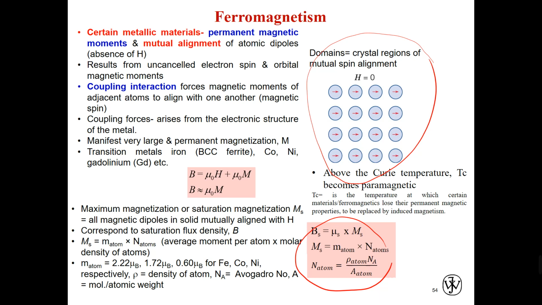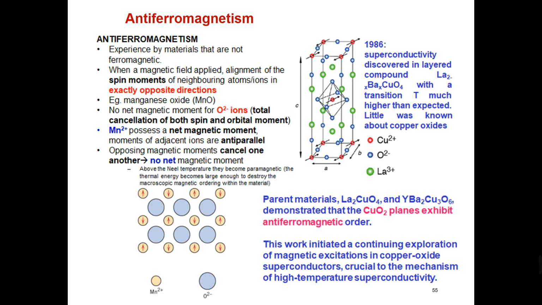What is the Curie temperature? It is the temperature at which certain ferromagnetic materials lose their permanent magnetic properties, to be replaced by induced magnetism. Anti-ferromagnetism is the reverse of ferromagnetism, experienced by materials that are not ferromagnetic, for example manganese oxide. When a magnetic field is applied to this kind of material, the spin moments of neighboring atoms or ions align in exactly opposite directions, so there is no net magnetic moment.